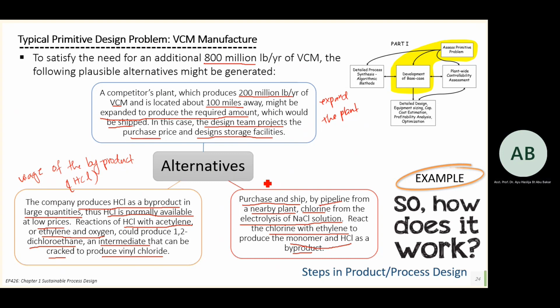This one, purchase the raw material, which is the chlorine. Minimally, have 3 alternatives. You can have more.